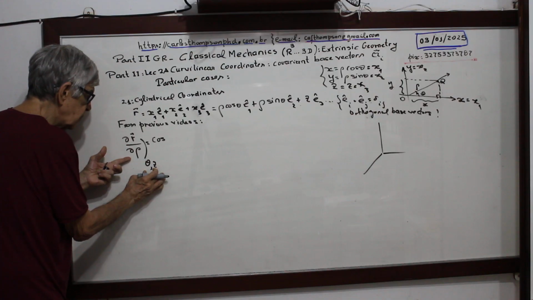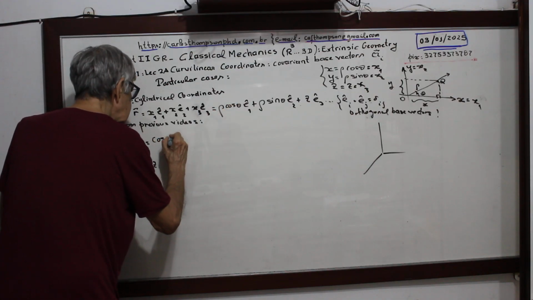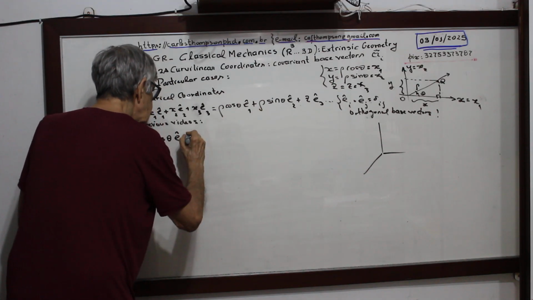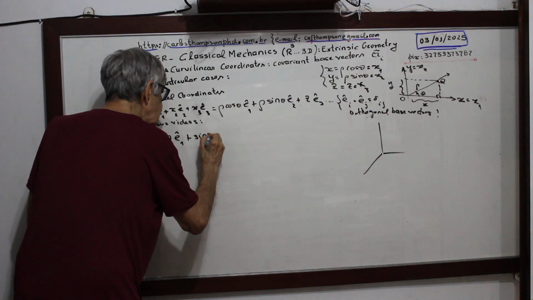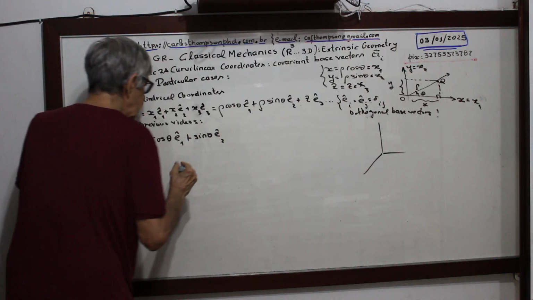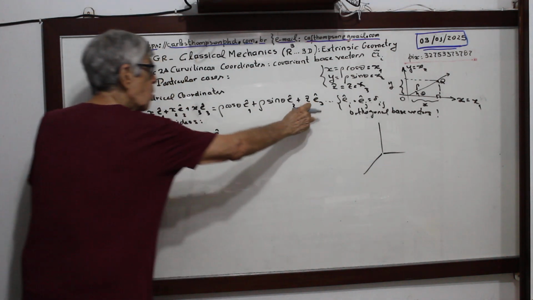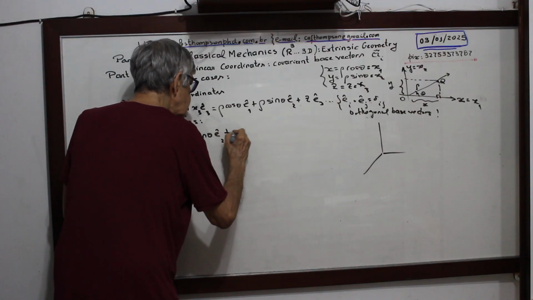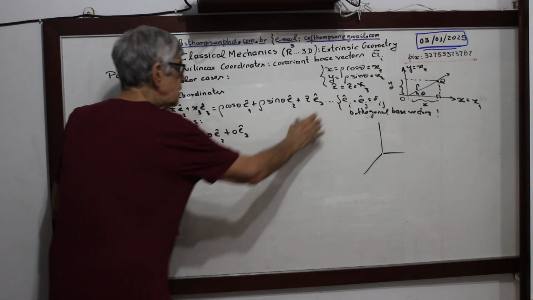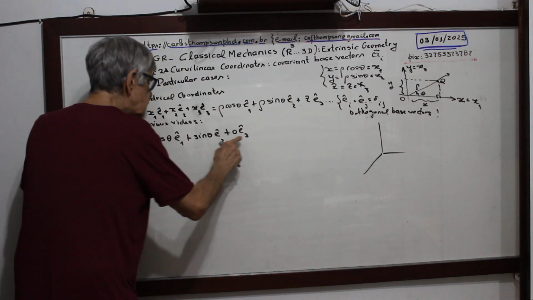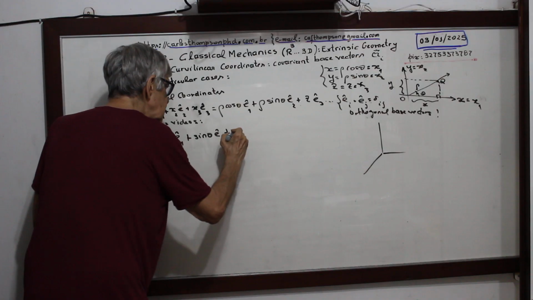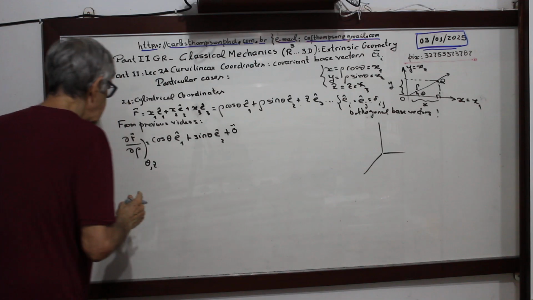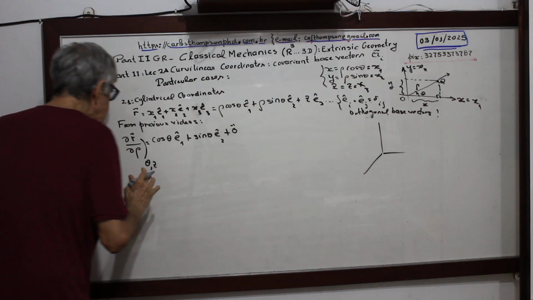So this will be cosine theta e1 plus sine of theta e2. Now here there is no rho, and I'm deriving with respect to rho, plus 0 e3. That is 0. I take the derivative, so the whole term here will be the 0 vector.